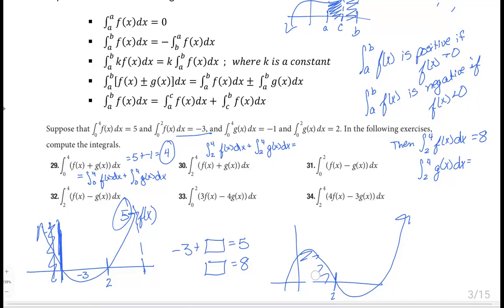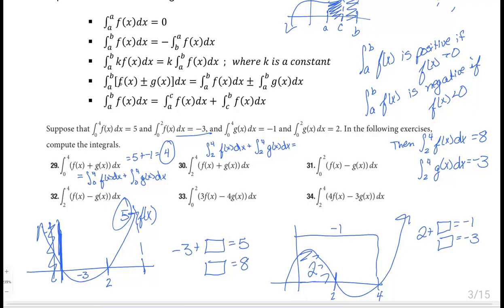Oh, hold on a minute, it's 2. From 0 to 2, this has a value of 2. But the whole thing from 0 to 4 would have a value of -1. We know these two areas together have to add up to that. So 2 plus something has to equal -1. So that something has to equal -3. So now I think we have all the pieces to solve all these problems.